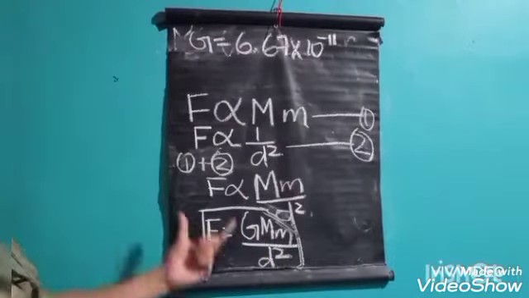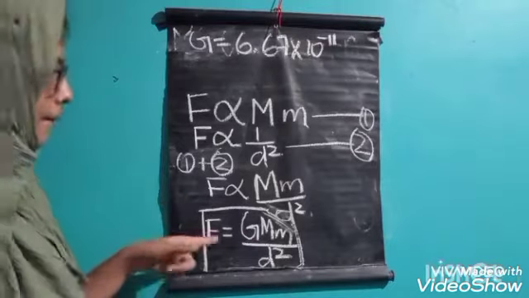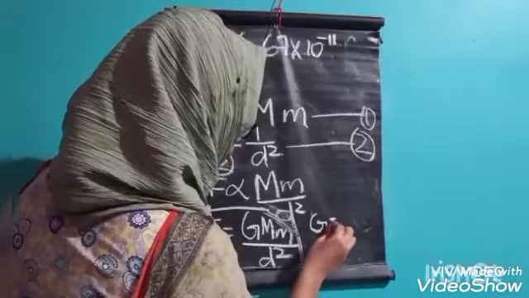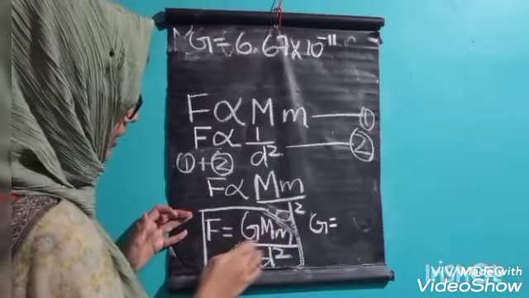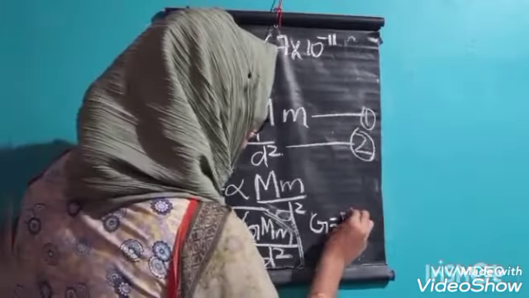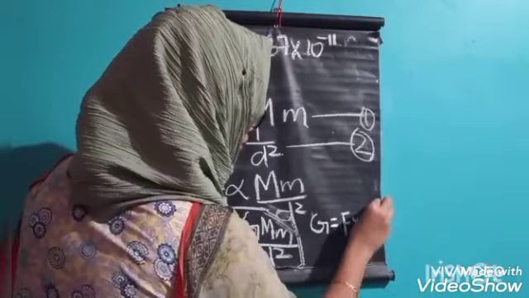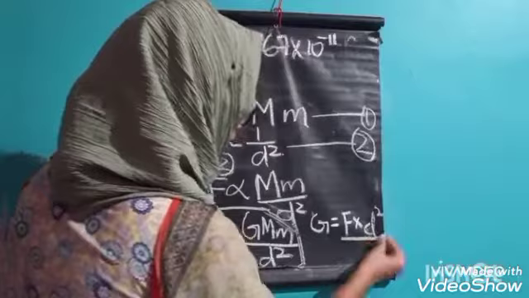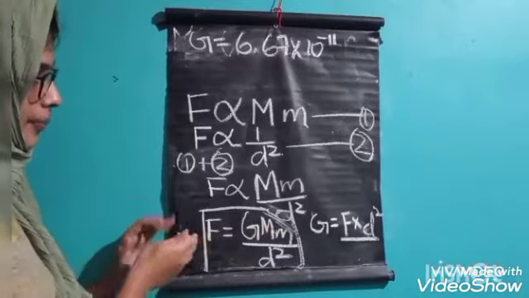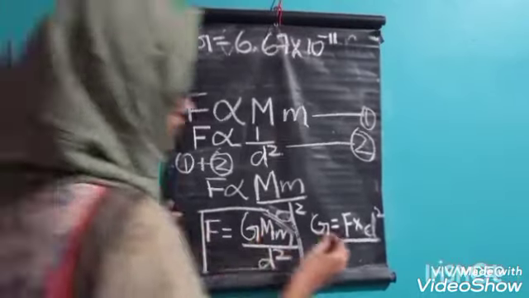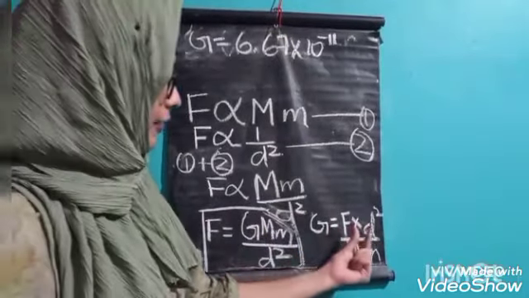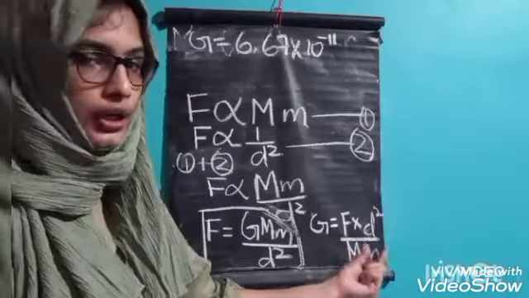And there will be a unit for G. What is the unit for G? By rearranging this equation, we get G is equal to F into d square by M into m.